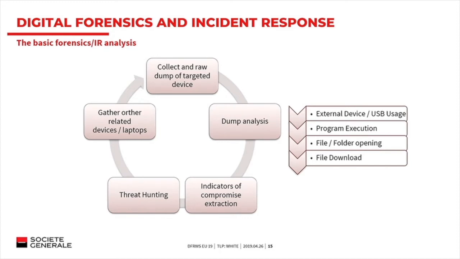You collect the targeted devices, you dump the data, you make your timeline, you run your lovely tools. You extract indicators of compromise, and you give them to your threat hunting team, and you hunt on the networks to see if there is other related device in this attack. And you repeat the process, basic.